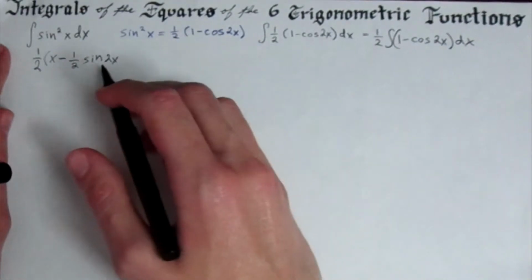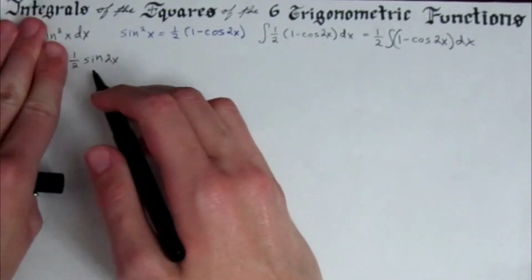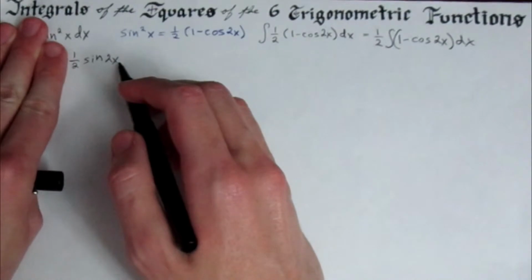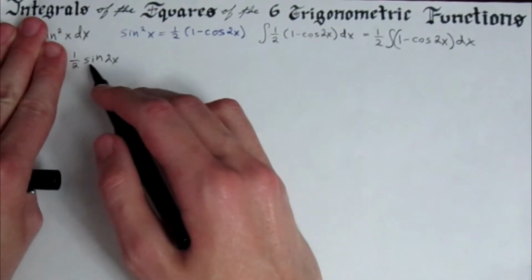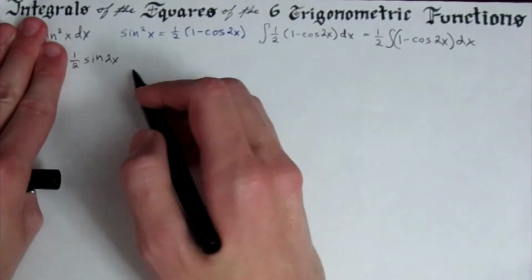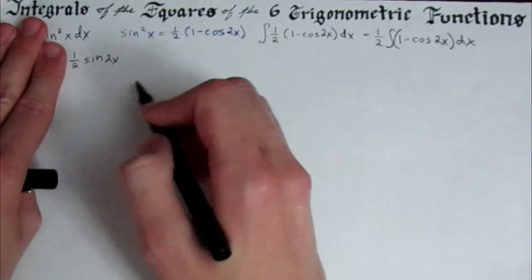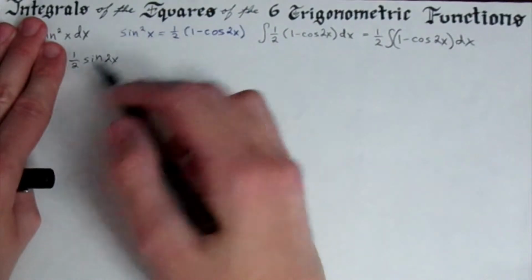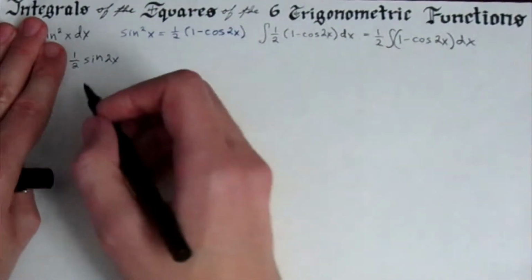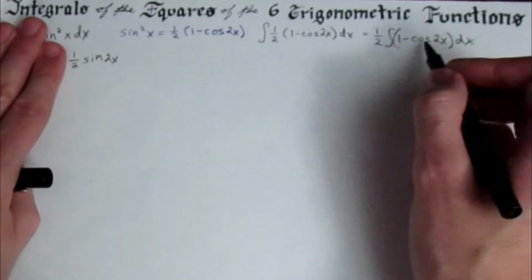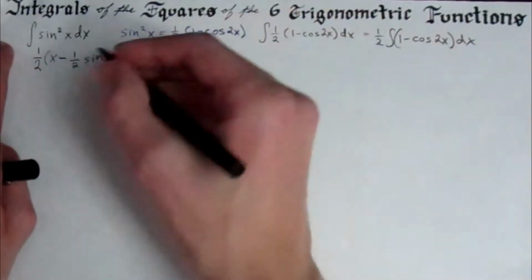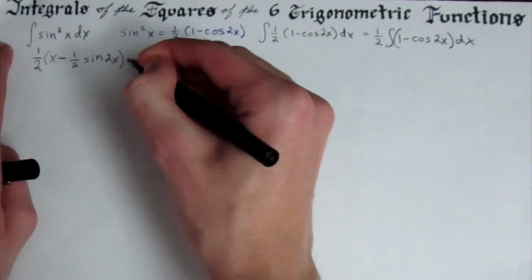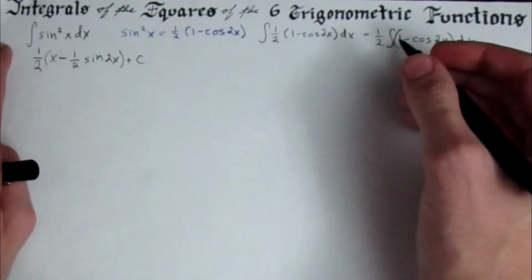If you take the derivative of 1/2 sine of 2x, you're going to get cosine of 2x times 2 because of the chain rule, and that 2 is multiplied by 1/2, which cancels out, and you're left with cosine 2x. So if you take the derivative of that, you will get this, plus c, because it's an indefinite integral.